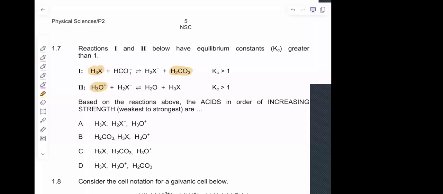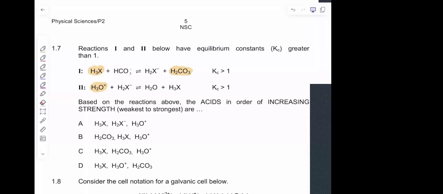After H3O plus, we'll then have H3X, which is going to be slightly stronger. Sorry, apologies there. So we'll have H3X right in the middle of them. And then we're going to have H2CO3 as the one that's going to be quite weak, because it isn't traditionally a strong acid. It was just strong because it came from a weak base.